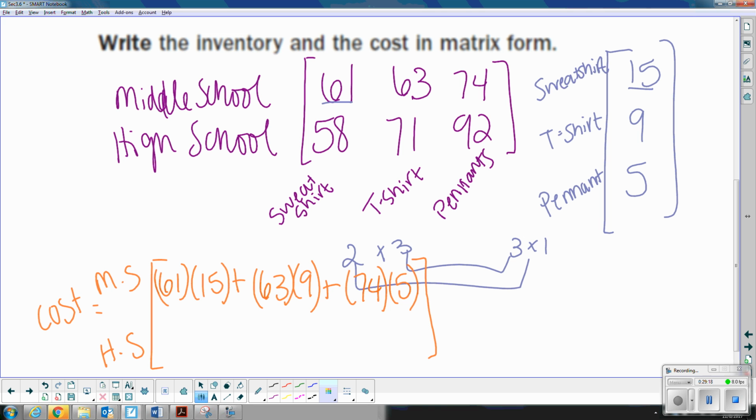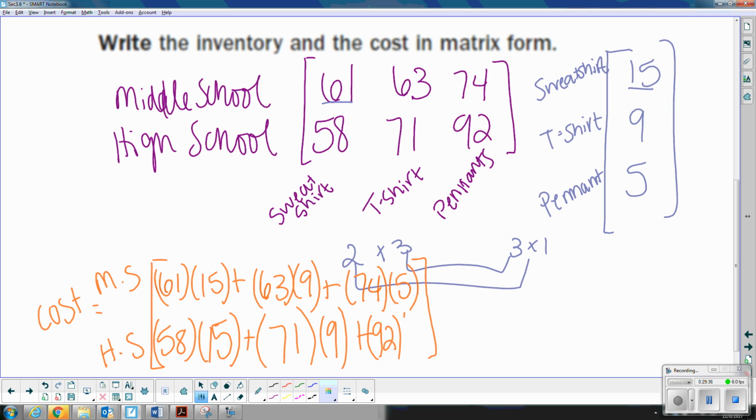High school is 58 times the cost of a sweatshirt, which is 15, plus 71 times 9, which is the cost of a t-shirt, plus 92 pennants at $5 each.